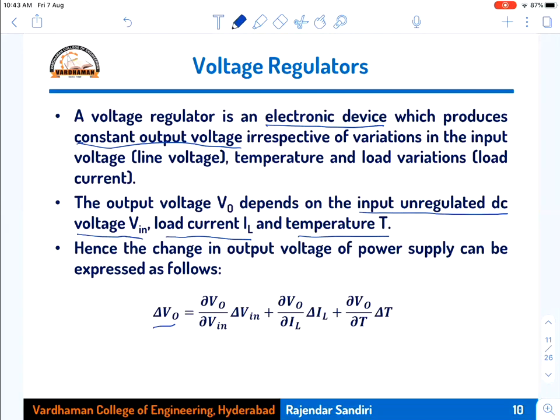At a time only one parameter is changing. The first term is because of the variation in Vin, the second term because of the variation in IL, and the third term because of the variation in temperature. This way we can write the expression for the change in the output voltage.